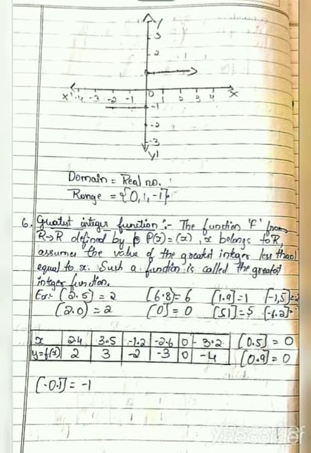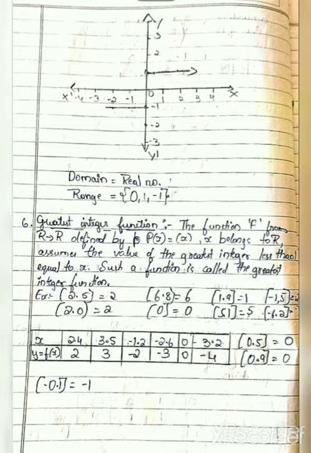If x is 2.5, the greatest integer less than or equal to 2.5 is 2. Next example, 6.8. The greatest integer less than 6.8 is 6.